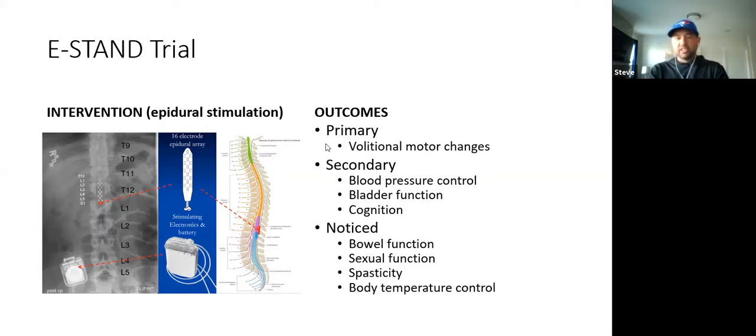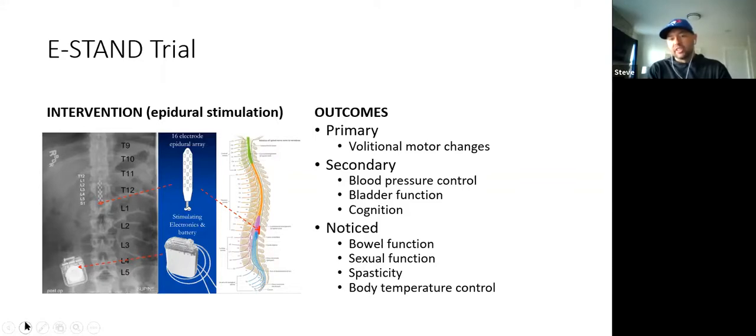Some of the other things that they noticed once they put these stimulators in were changes with blood pressure control, bowel function, and cognition.